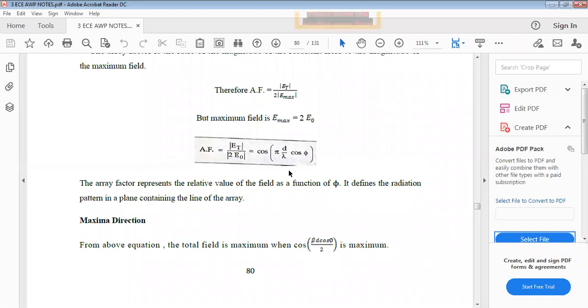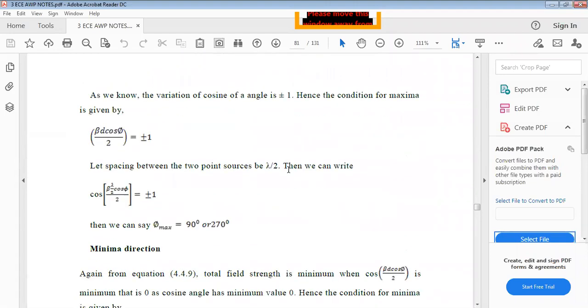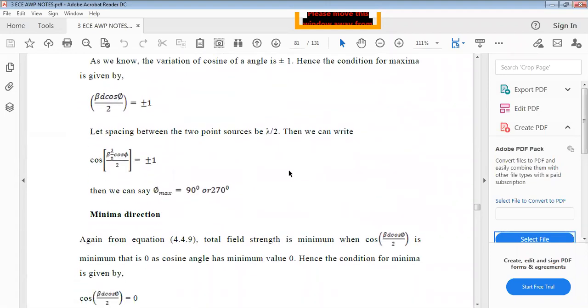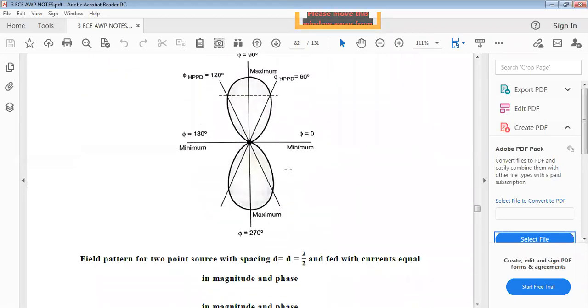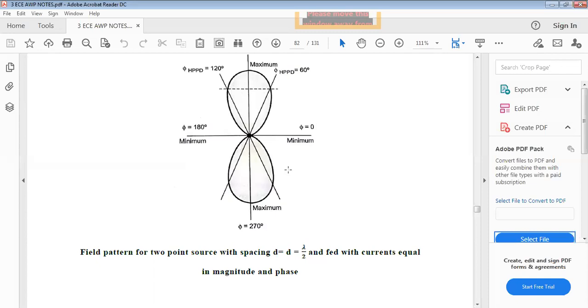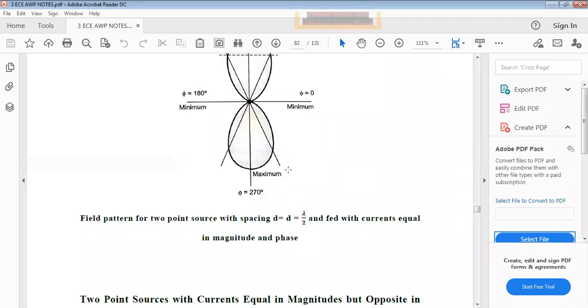For case 2, cos of beta d cos phi by 2 equal to 0, then find the values of phi. Similarly, to find half power points, simply equate cos of beta d cos phi by 2 with plus or minus 1 by root 2. Already you know 45 degrees and 60 degrees. For that, I found all these expressions, and how to plot is also known. I already explained clearly how to draw the radiation characteristics.